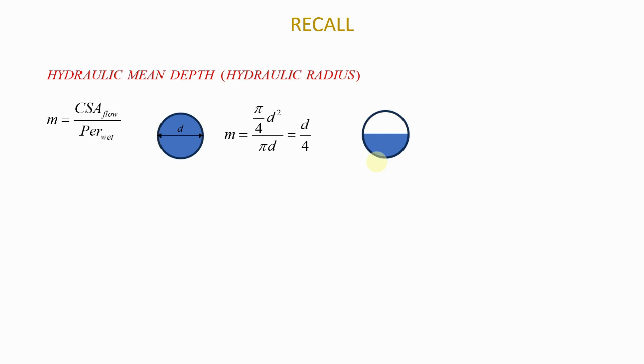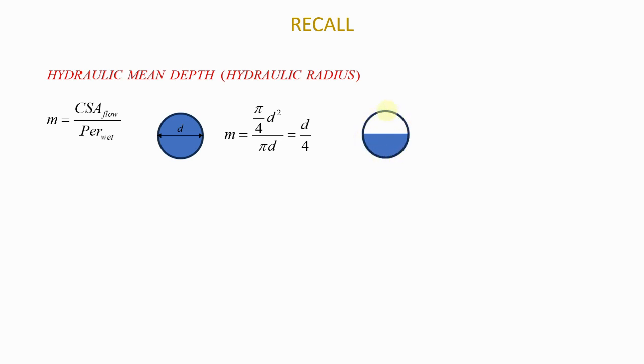And so in this case, the cross-sectional area of the flow, as you can see, is not equal to the cross-sectional area of the pipe, but rather the flow, which is here, its cross-section is only half the cross-section of the pipe. And also, if you look at the wetted perimeter, the wetted perimeter in this case is not equal to the perimeter of the cross-section circle here.